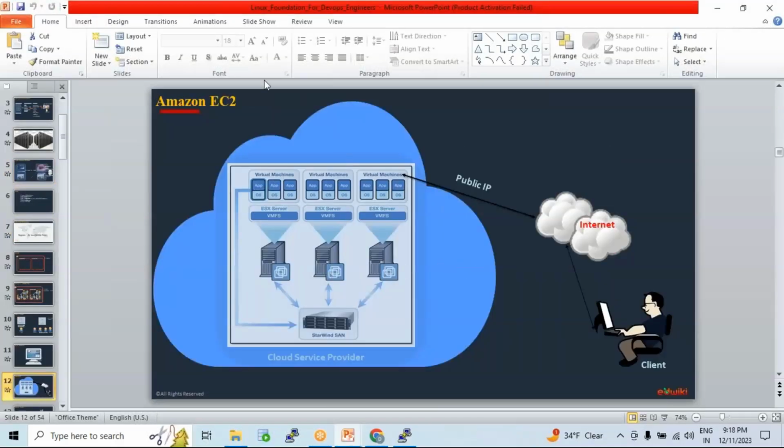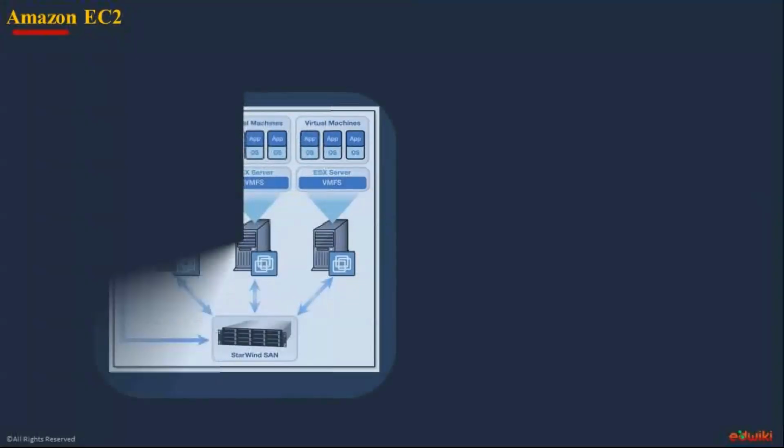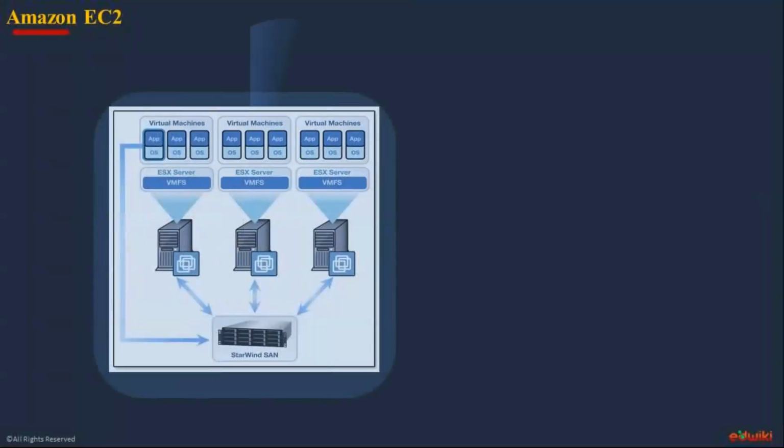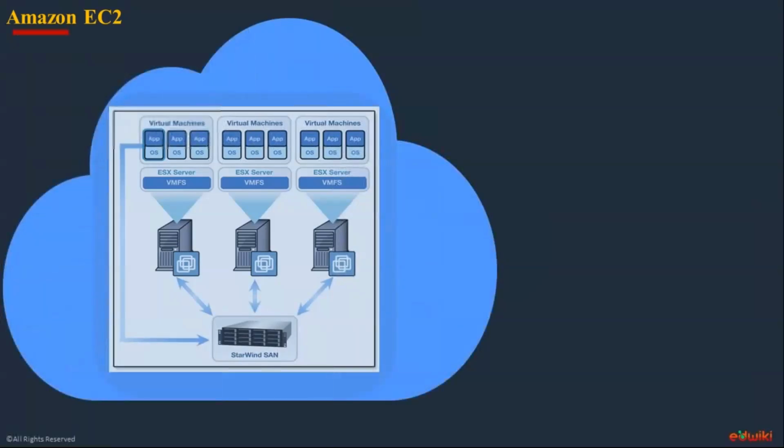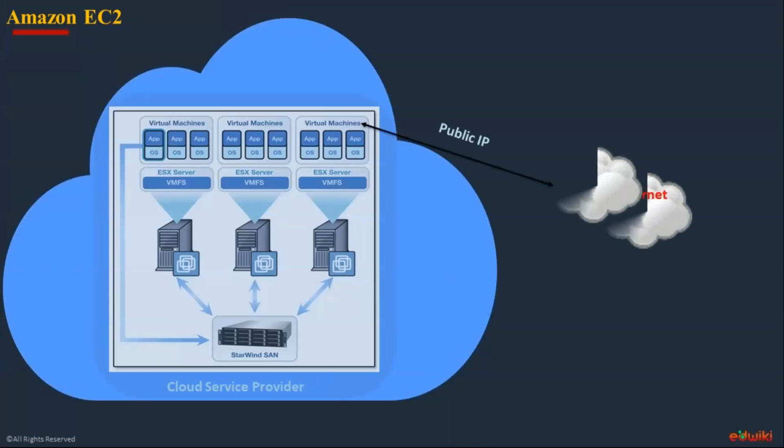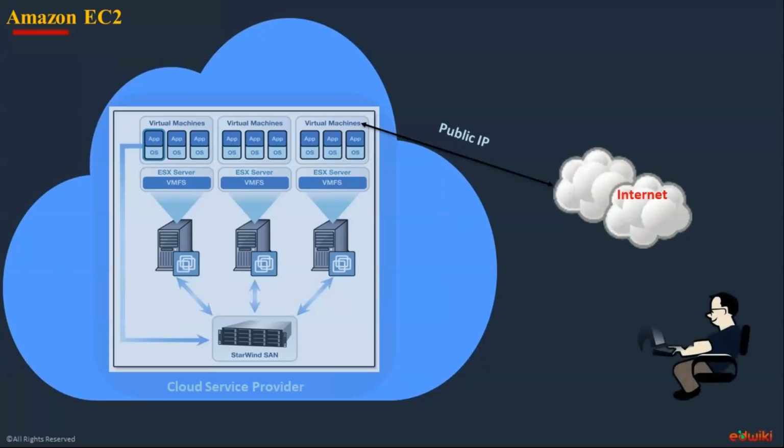You see this? AWS is maintaining a data center, like a cloud service provider. They have given us a public IP, and I'm using that public IP, and over the internet I'm logging in to or accessing the EC2 instance, right?